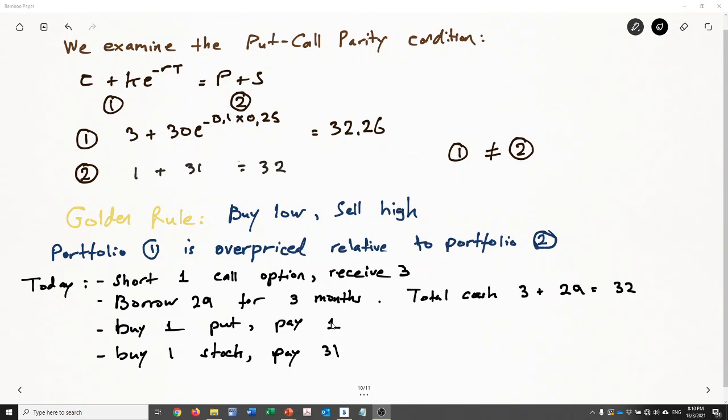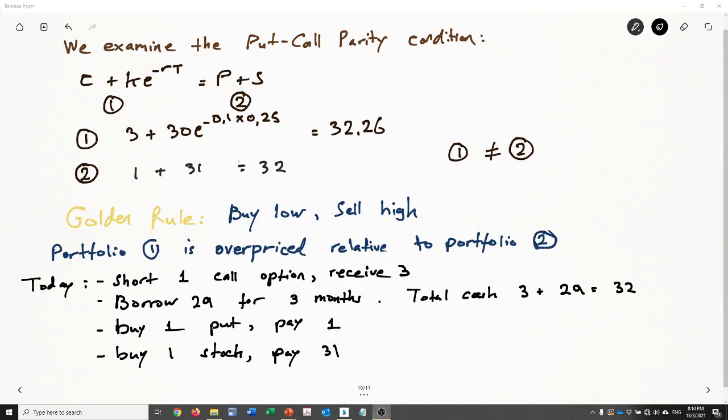A put option and a stock cost me together 32, and I need to have enough cash to be able to buy them. When I borrow 29 and I receive $3, I have enough cash to finance the long position in the put and the stock, and we locked in the arbitrage.